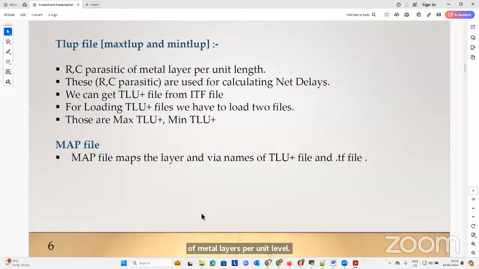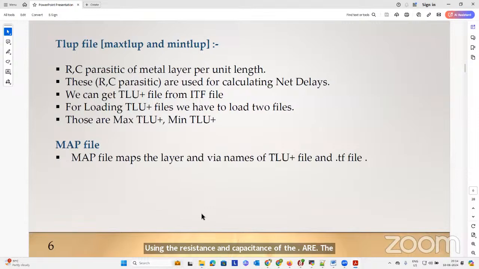Next, these RC parasitics are used for calculating net delays. Tau is equal to RC, which is nothing but the delay. Understood, everyone? The formula is tau equals RC. How do we calculate the net delay? Using the resistance and capacitance of the wire or the routing net.